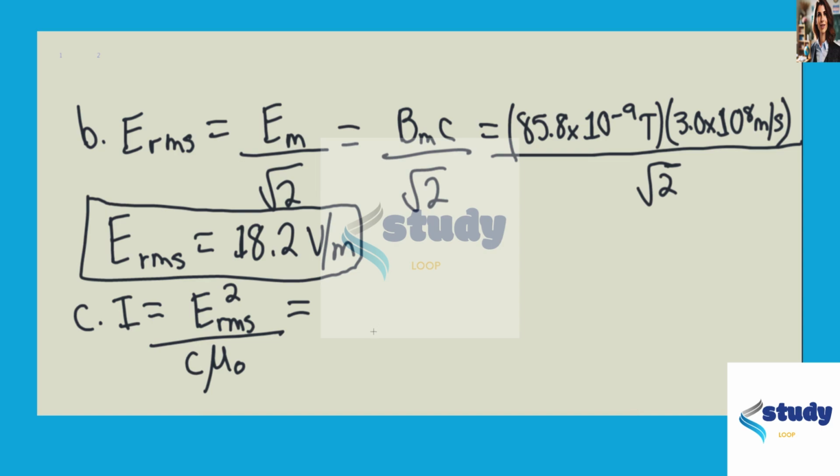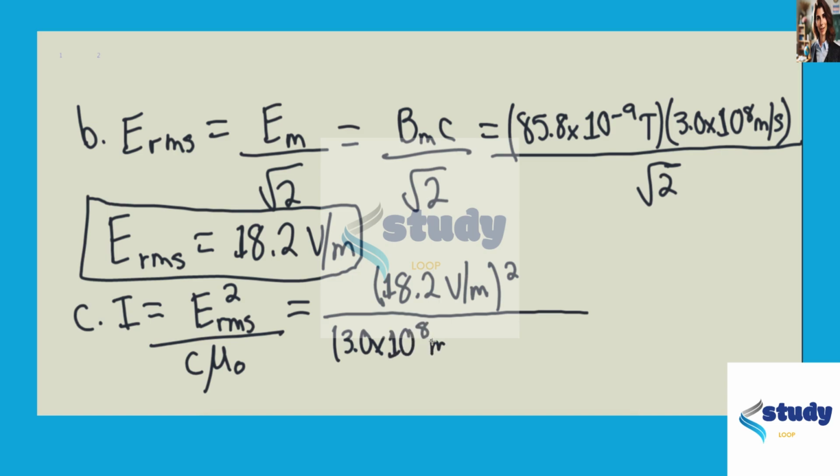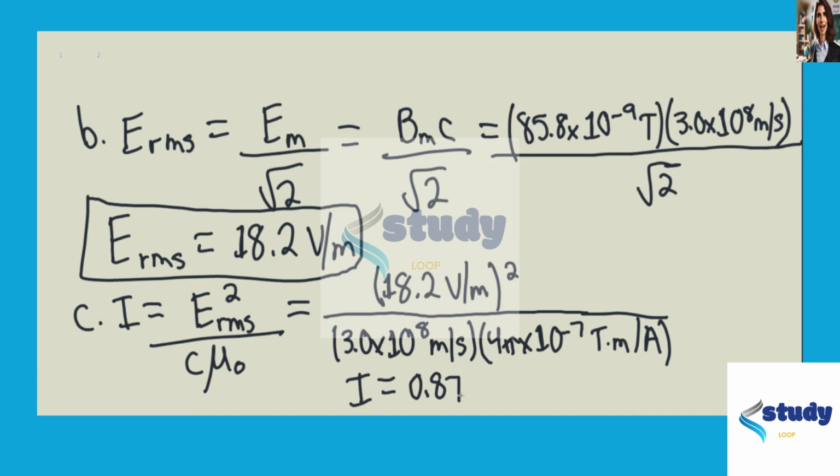This is going to be equal to 18.2 volts per meter quantity squared divided by 3.0 times 10 to the 8th meters per second multiplied by 4 pi times 10 to the negative 7th Tesla meters per ampere. And we find that the intensity I is going to be equal to 0.878 watts per square meter. This would be our final answer for part C.